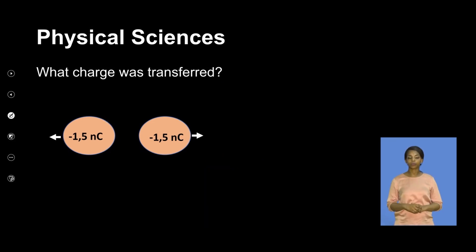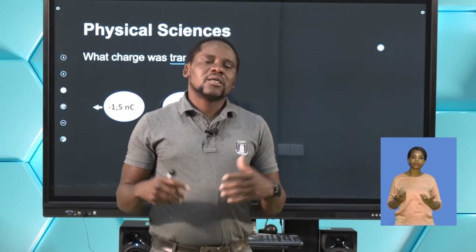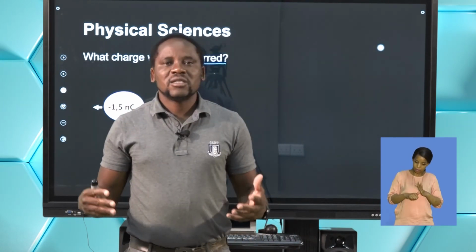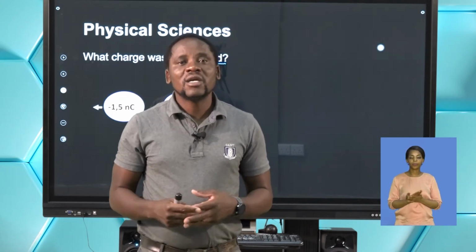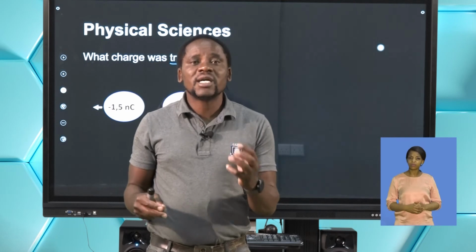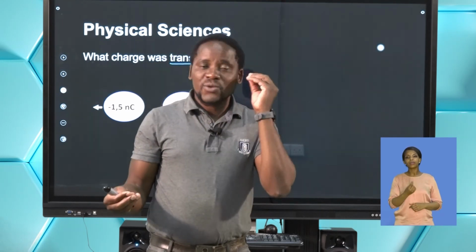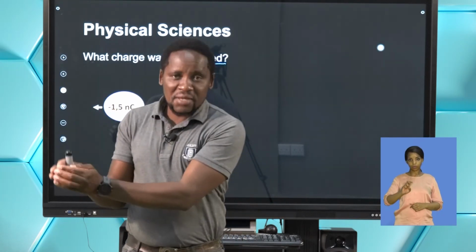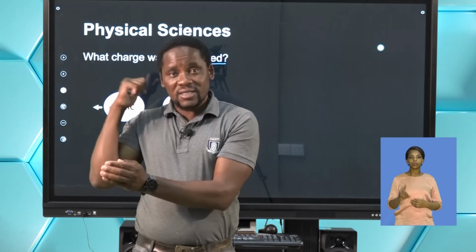Okay, so what charge was transferred? Now we're talking about the charge which was transferred. The main thing here is we need to arrive at a point where we are able to say that indeed, charge is quantized in terms of the electrons that are lost by Q2, which is the same number of electrons gained by Q1, as is the case here.